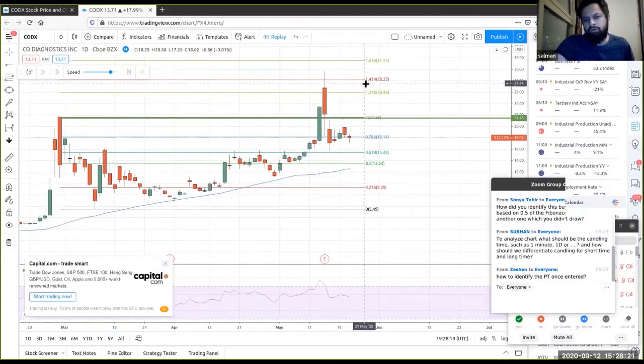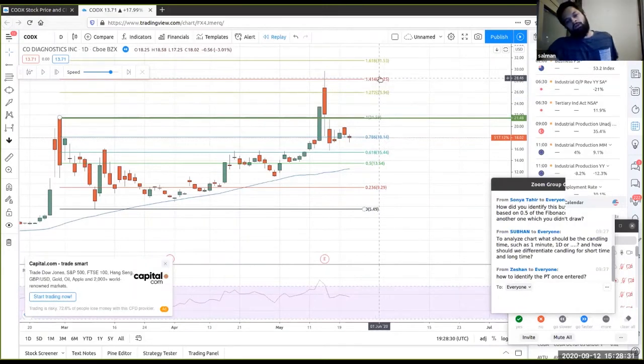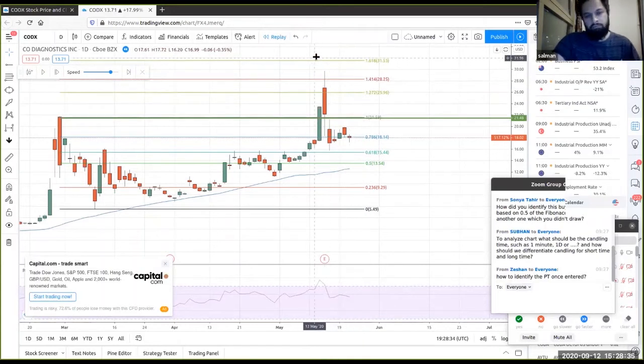So usually any of these levels should be a good PT for you. So 28 was a good one. You can close 25% more here, and then another close of the whole trade here. If it goes above that, you should be happy, it should not be a problem. So this is how I usually find the PT when we are trading up on the tops.